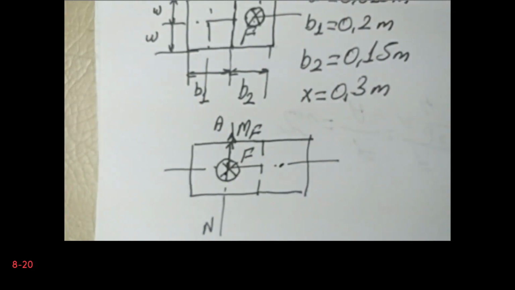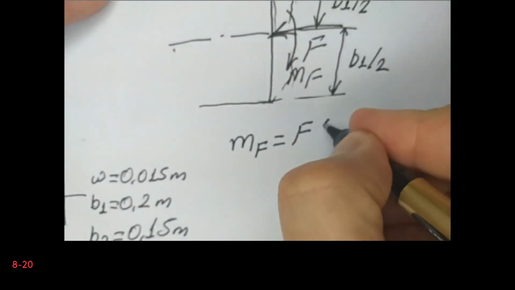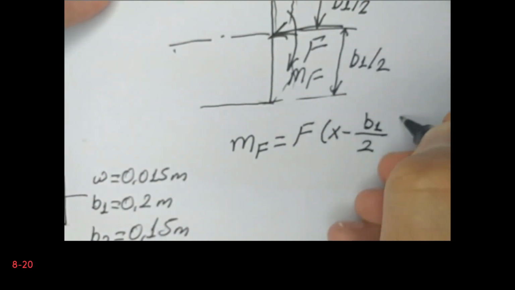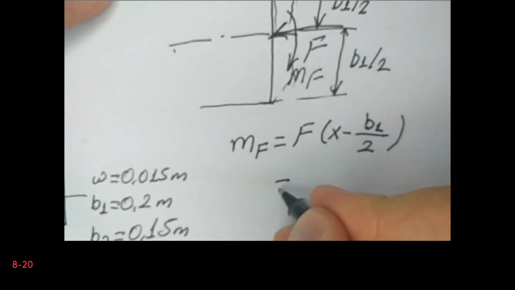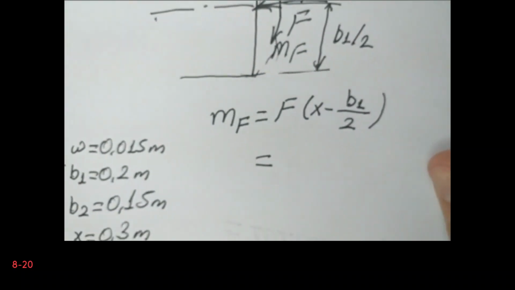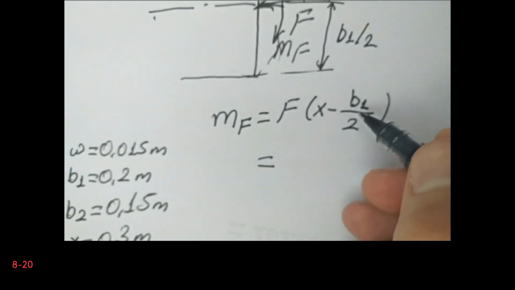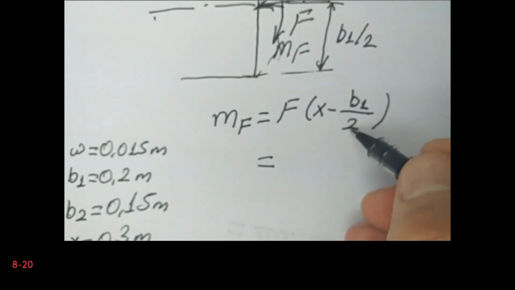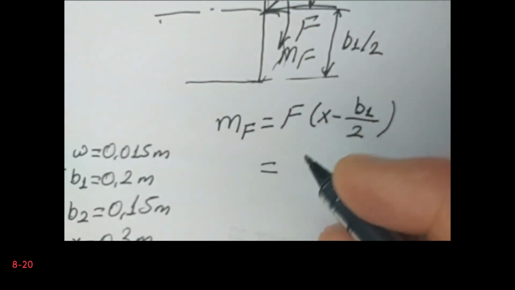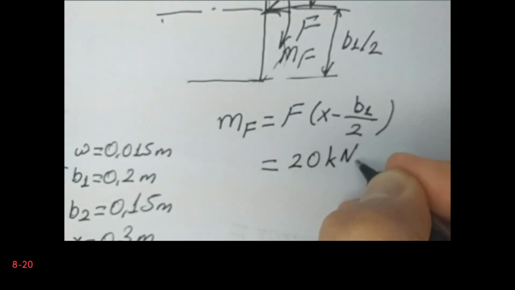Therefore the load arm is equal to X minus B1 divided by 2. So force is 100 kilonewtons, X is equal to 0.3, B1 divided by 2 is 0.1, so this makes 0.2. If you multiply it with the 100, then you have 20 kilonewton meters.